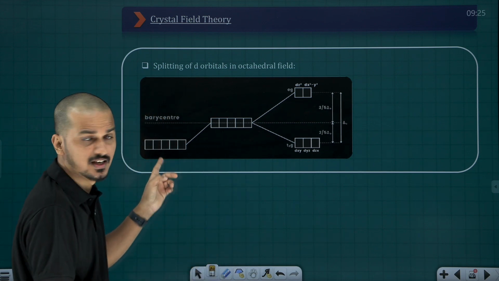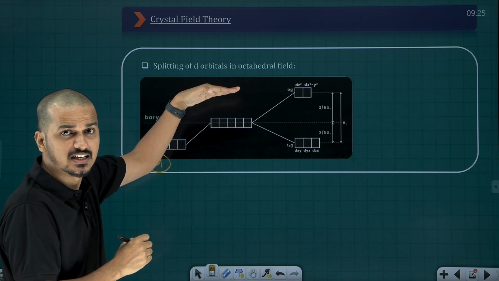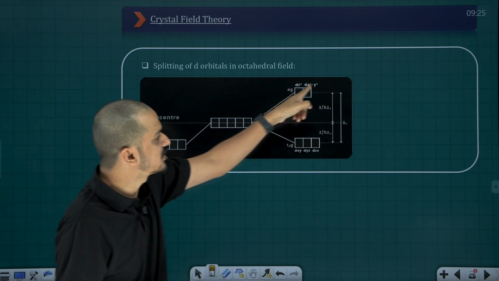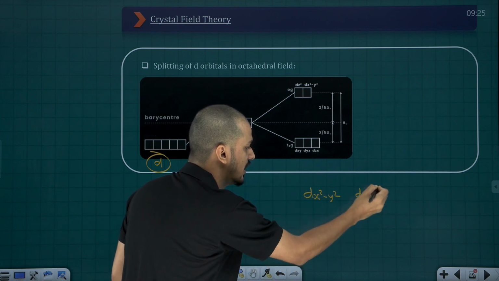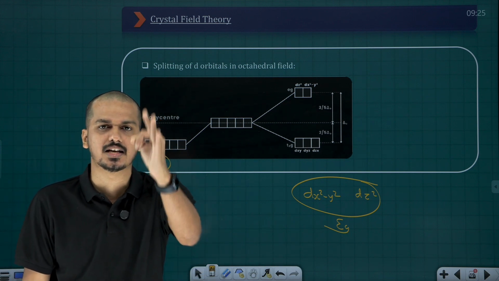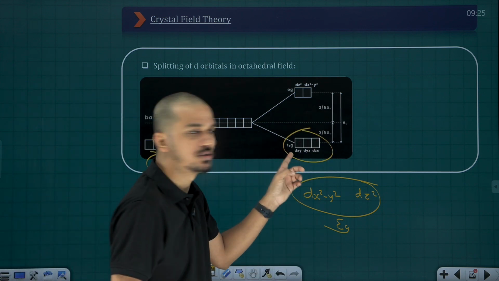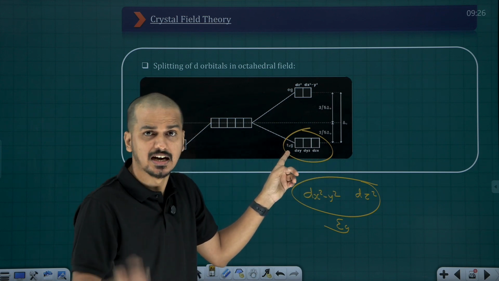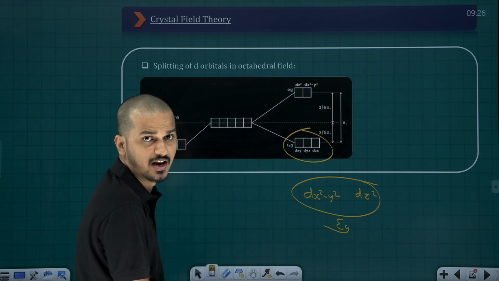In the case of octahedral splitting, the 5 degenerate d orbitals undergo an energy increment, then split into 2 energy levels. dx2-y2 and dz2 are collectively called Eg, the doubly degenerate orbitals. The other set splits into T2g, which is dxy, dyz, dxz, the triply degenerate orbitals.